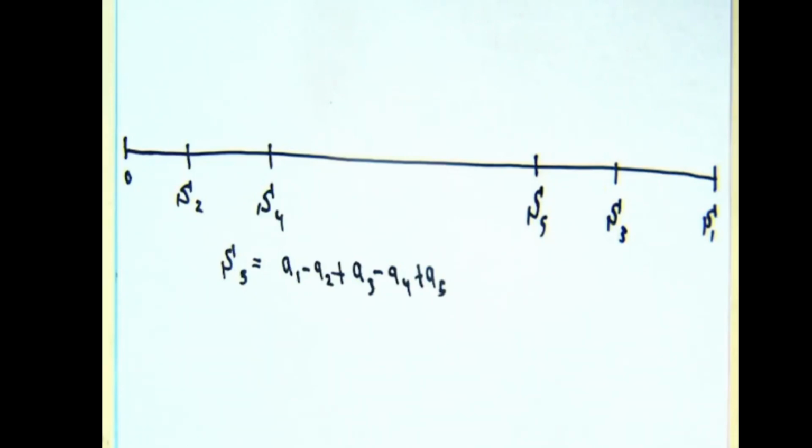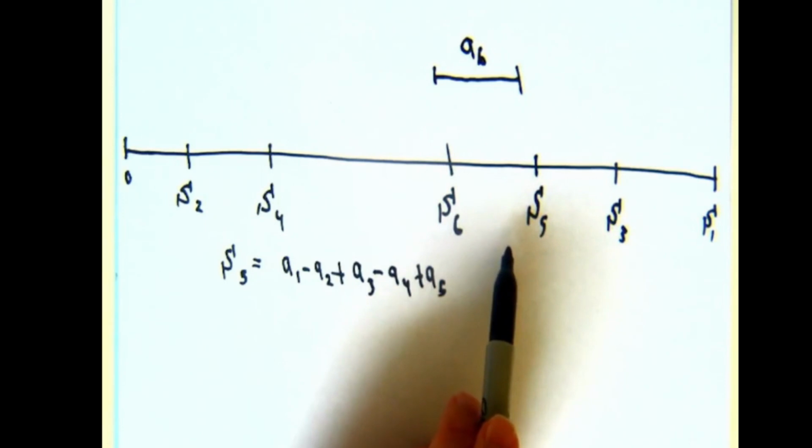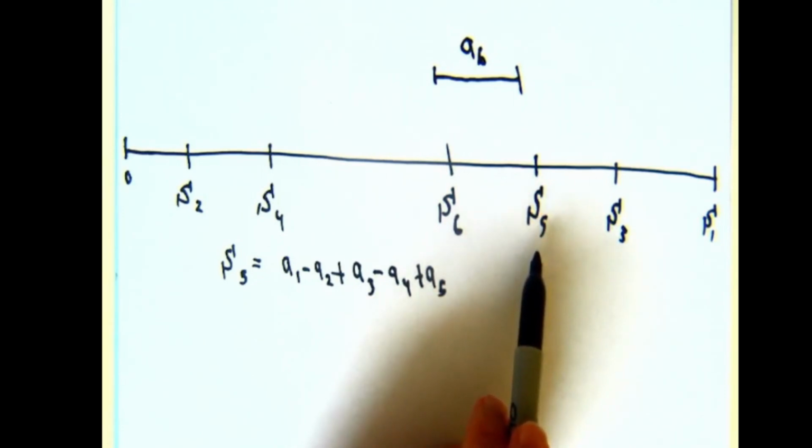Imagine continuing this procedure until you calculated S number 5. When I calculate S number 6, I'm going to have the same terms as for S number 5, except I will subtract away A number 6. When I calculate S number 7, I'm going to add A number 7 to S6, which will give me a sum that's bigger than S6, but not as big as S5.